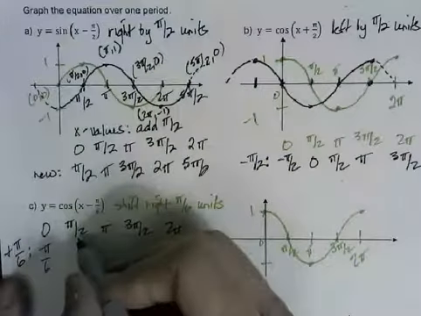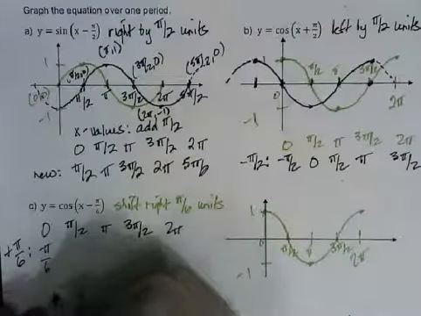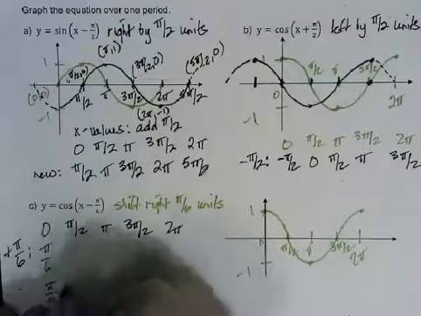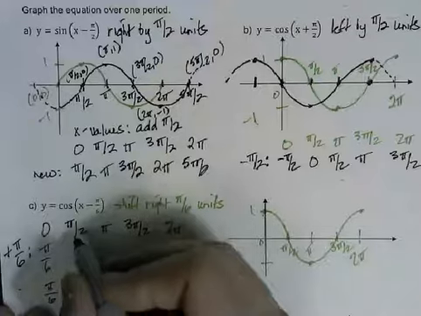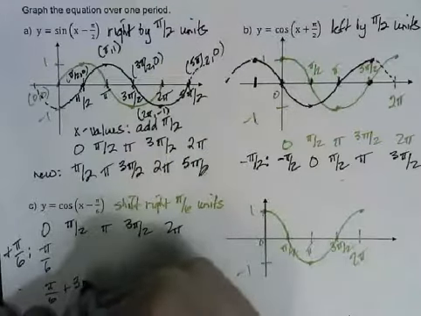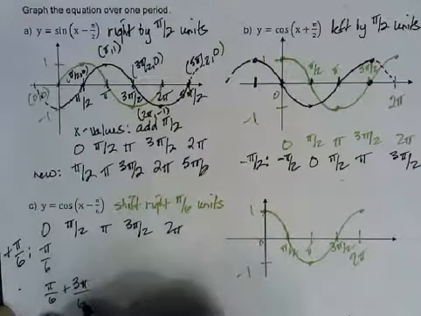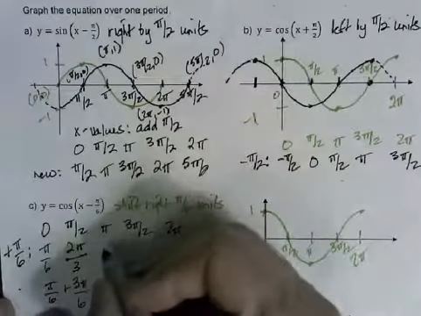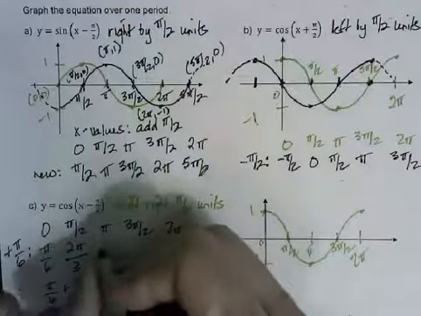Pi over 2 plus pi over 6, I might have to do a little fraction math here. So pi over 6 plus pi over 2 is the same as pi over 6 plus 3 pi over 6. That gives me 4 pi over 6, and that simplifies to 2 pi over 3. Pi plus pi over 6, same thing.